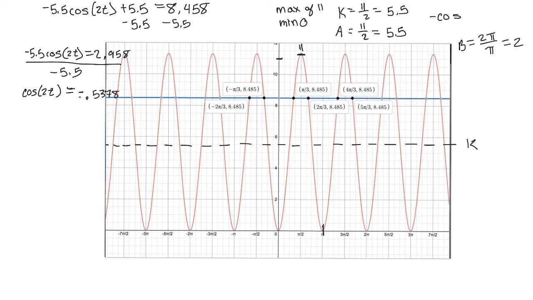Then we would do inverse cosine, so 2t is equal to inverse cosine of negative 0.5378. Then we would divide that by 2, and we would get our primary value.